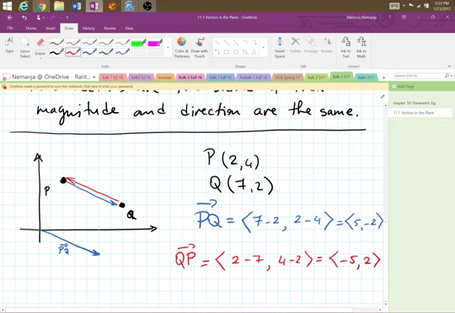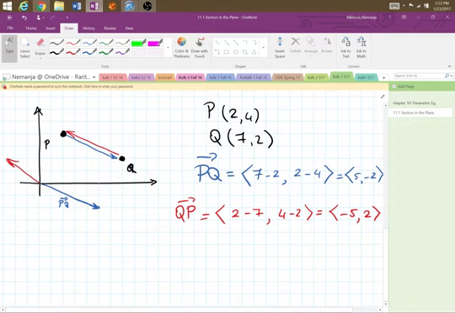I have no room to draw that vector, but it's going to go this way. I know I can move the page to fix it, but then when I export in PDF for your notes, it's going to be bad. So I'm not going to do that. But the vector QP, it's going to go that way.